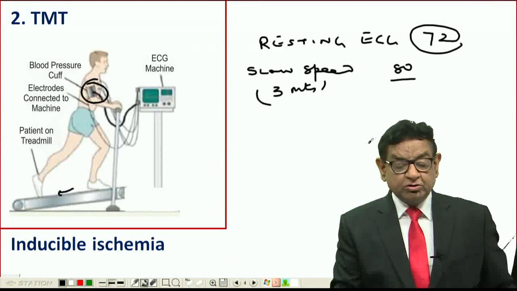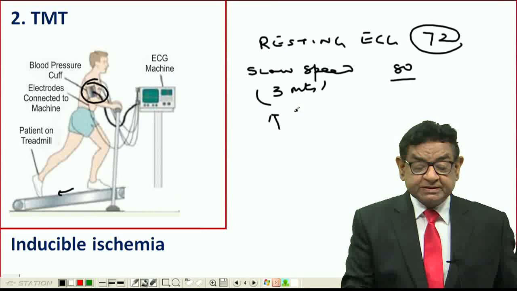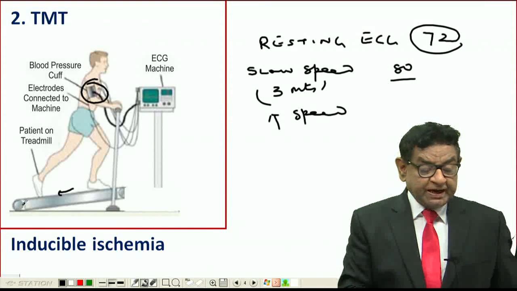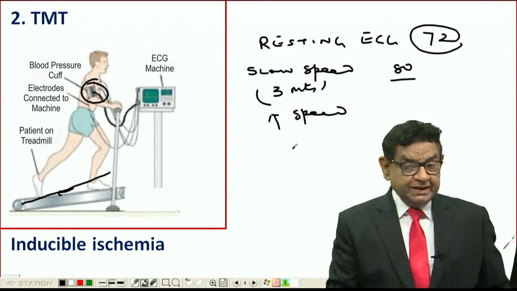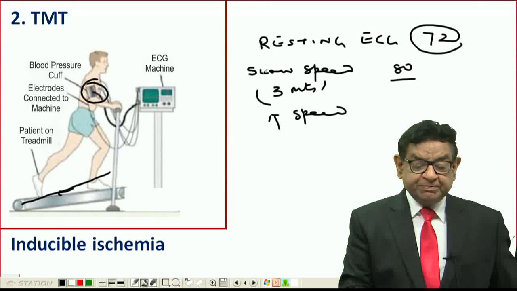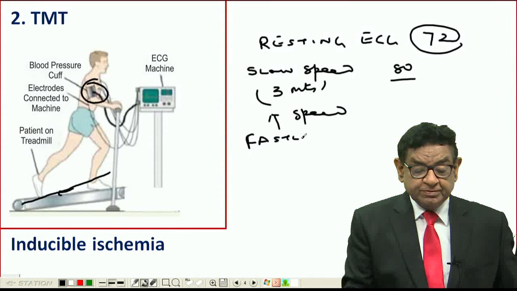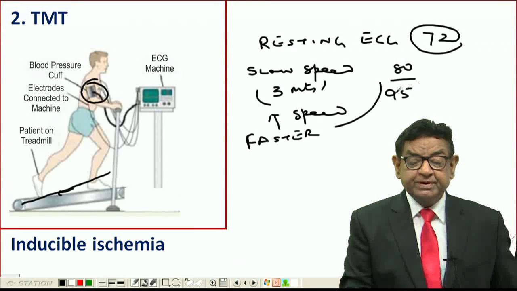After 3 minutes, the speed automatically increases. Not only the speed, even the height automatically goes up. It means you are going uphill. As the speed and height increase, the patient has to run faster, and now the heart rate may go up to maybe 95.